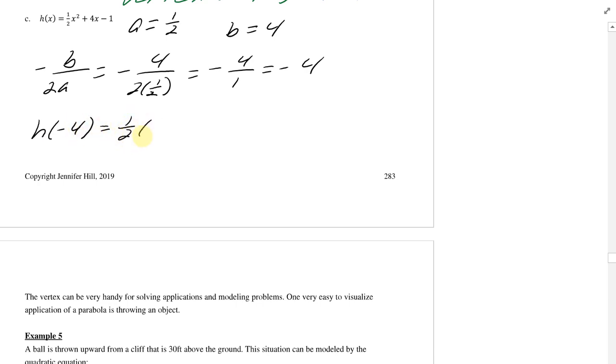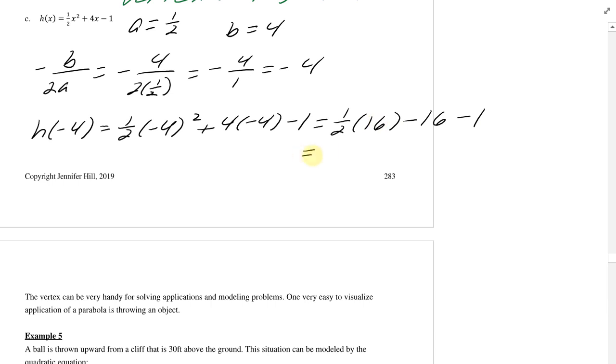So I will write that out. And now I need to work this out. I'll show you all the steps. So 1/2 times 16 equals 8. So this is 8 minus 16 minus 1. So ultimately this will equal -9.